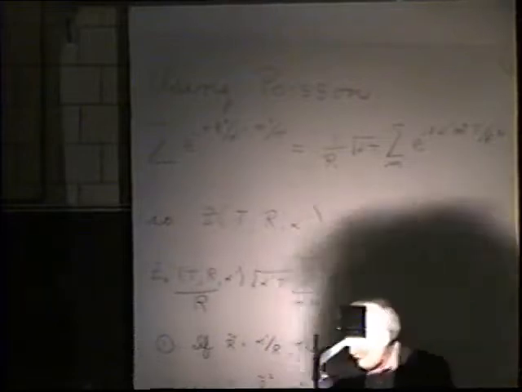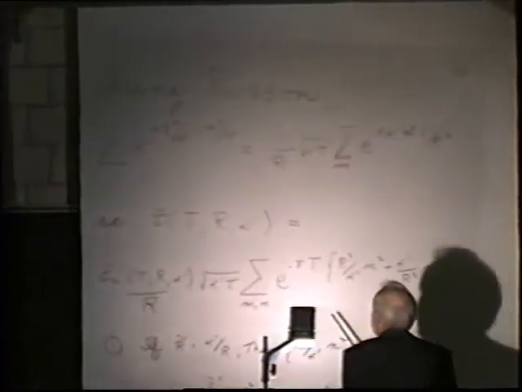In this case, if you use the Poisson summation formula, then this sum is equal to this sum. Now I'm happy. I got the t in the numerator, and I can think of this as eigenvalues. Okay?